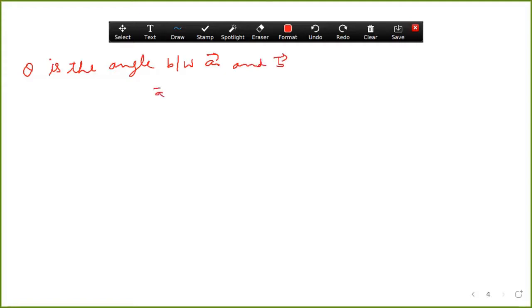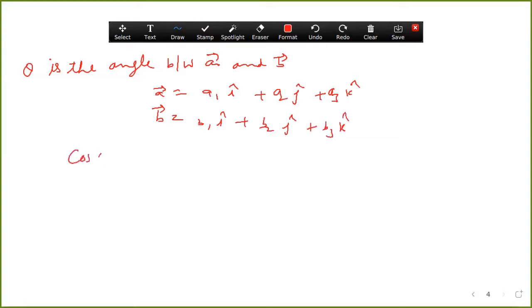where A is equal to A1 i plus A2 j plus A3 k and B vector is equal to B1 i plus B2 j plus B3 k, then cos theta can be calculated by using these two: dot product of A and B divided by magnitude of A vector and magnitude of B vector.